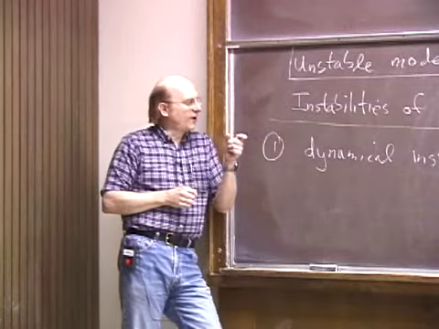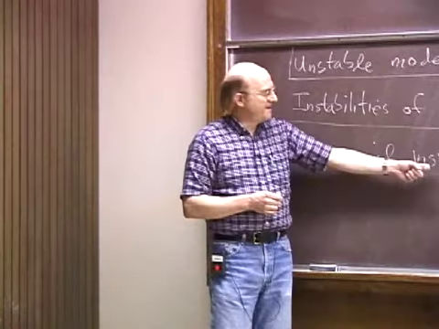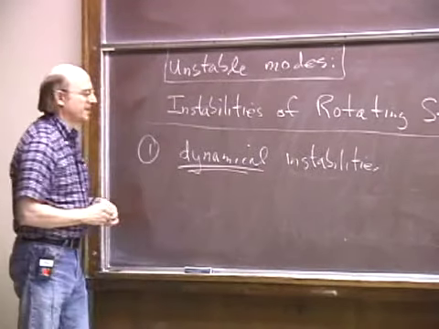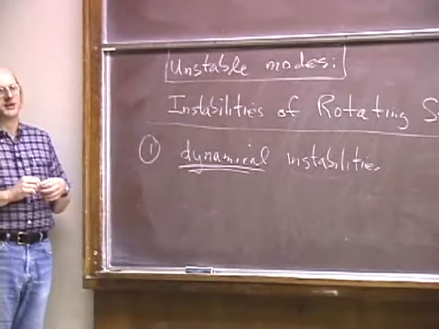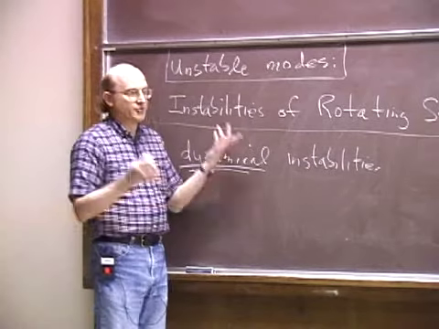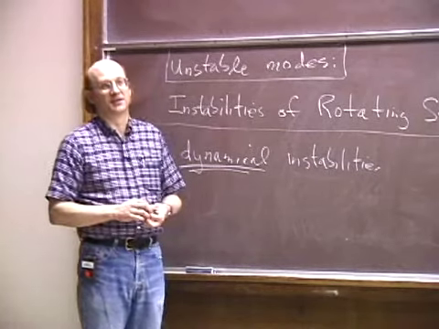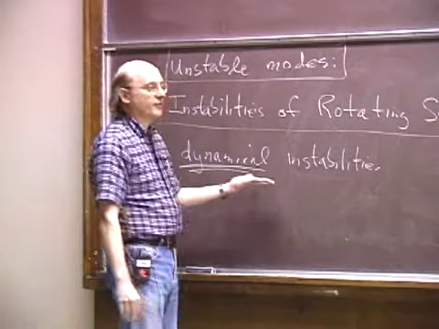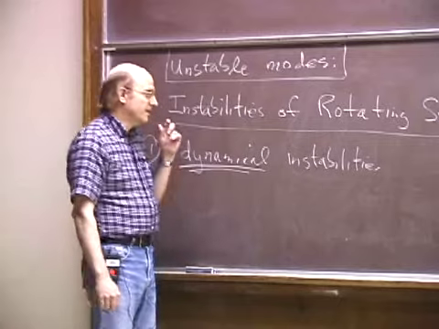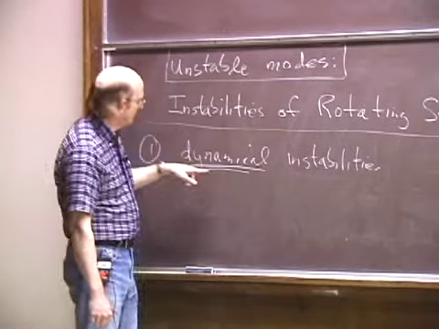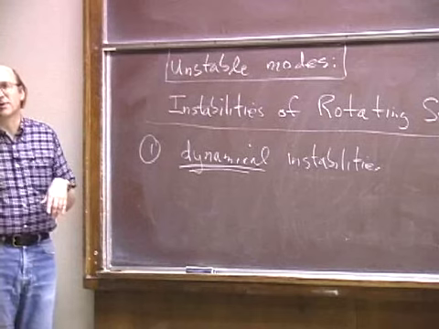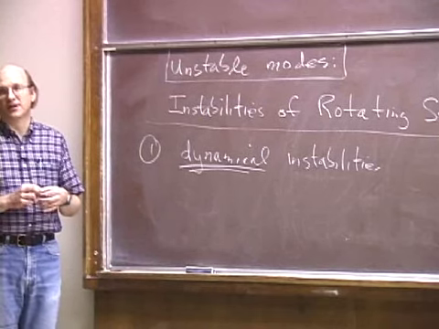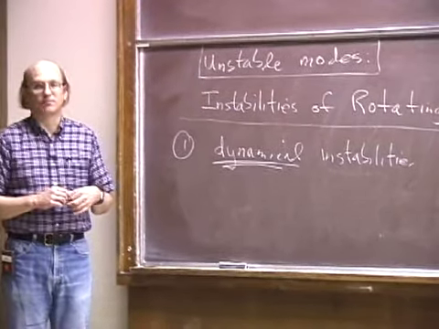So when the restoring force for the oscillation is the same force that is driving the instability, that kind of an instability is called a dynamical instability. And so typically those instabilities are hydrodynamic in origin. Neutron stars are basically fluids, and the forces are typically hydrodynamic things like pressures. The timescales for these instabilities, because they're being set by hydrodynamic forces, are typically comparable to the pulsation period of the mode.